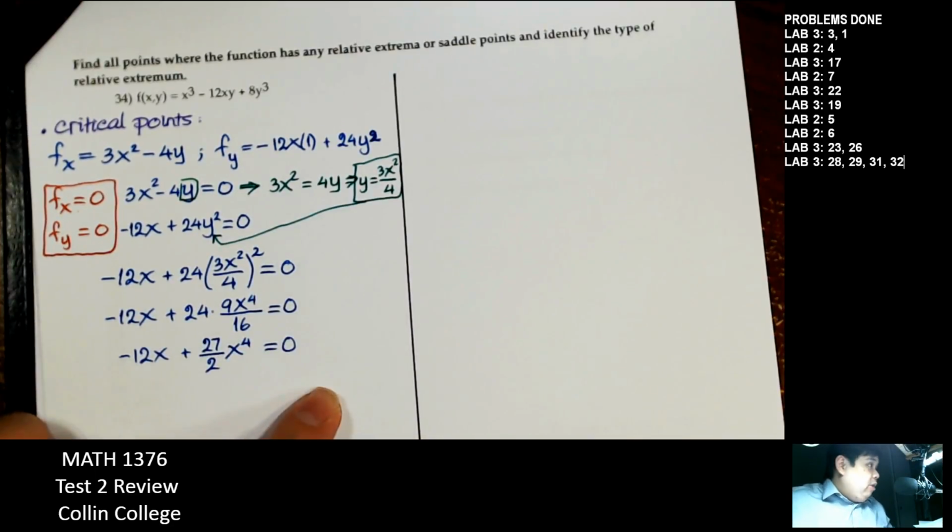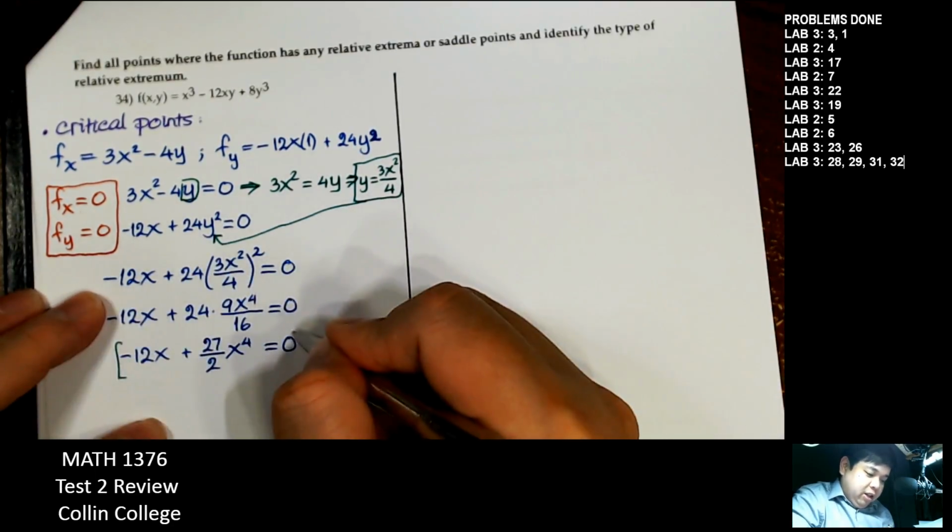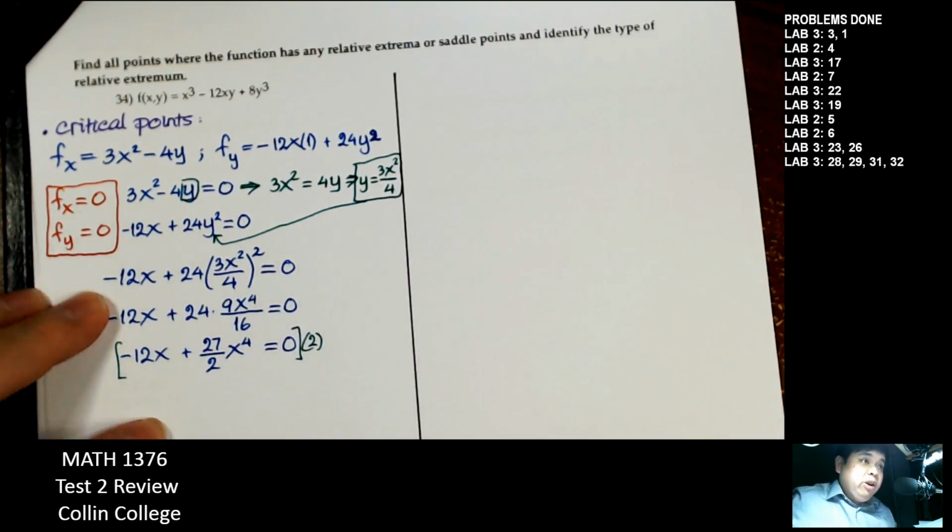There is an unaligned fraction, so let's multiply everything by 2 and get rid of the fraction.